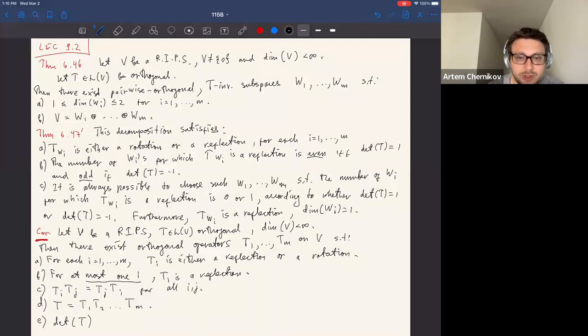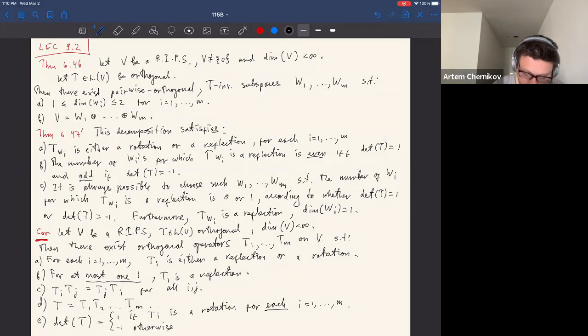So the determinant of T is going to be 1 if Ti is a rotation for each i from 1 through m, and it is going to be -1 otherwise. So otherwise meaning that a reflection appears somewhere on this list.